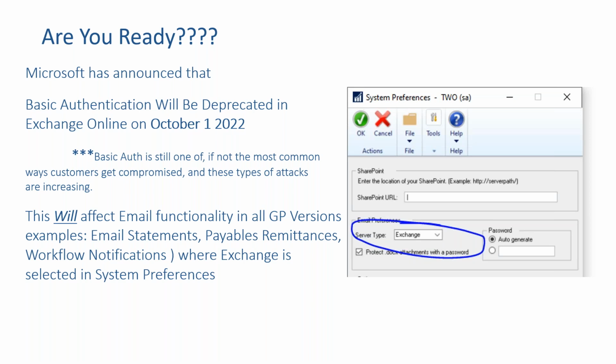Hey, so we got our first question from Jean. Jean is wondering, do you have to upgrade if you don't use the email functionality within GP? Nope. Well, we always want you to upgrade, but no, this is specifically if you're not using email functionality in GP, then you are fine, and this will not affect you.